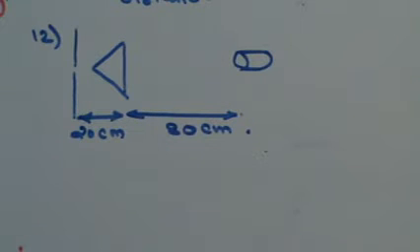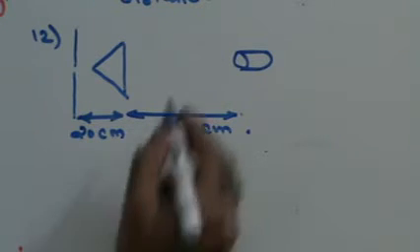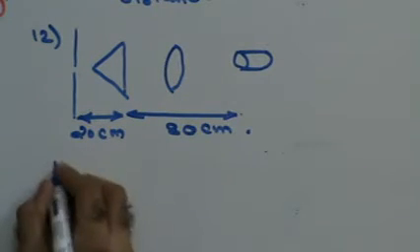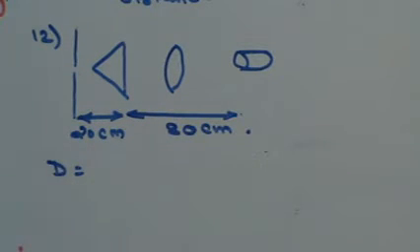A convex lens is introduced between the biprism and the eyepiece.